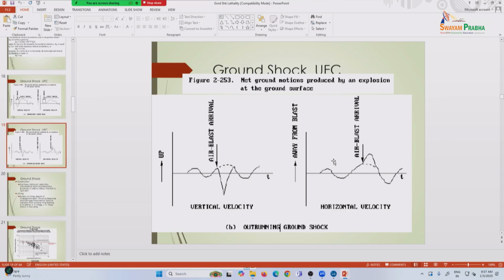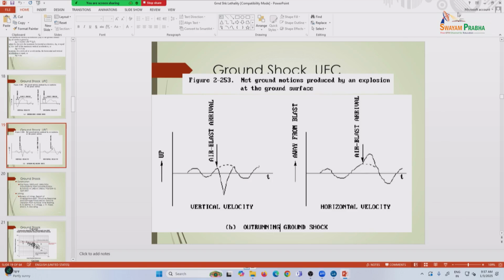These are air blast induced, and actually you can see the outrunning effect, as it is called out here, the air blast arrival, and this is the ground blast, the solid one, and the lighter one is the dashed one, the air blast, and the ground one, as you can see, it's actually outrunning it.